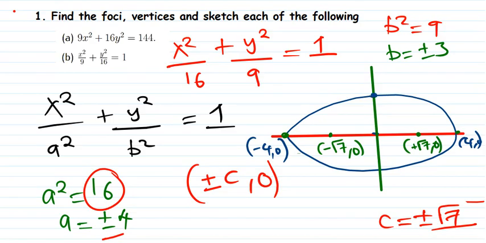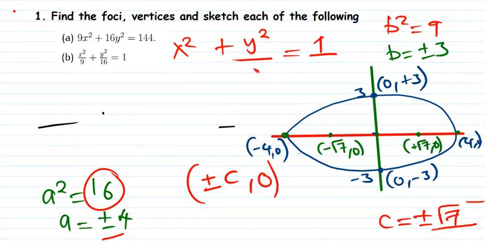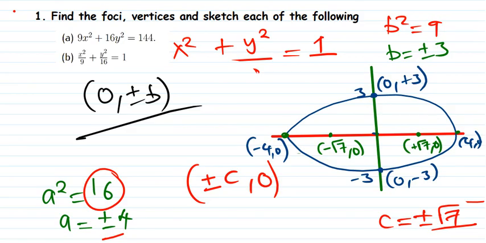So the vertices on the minor axis are positive 3 and negative 3, which implies 0 comma negative 3 and 0 comma positive 3. So the vertices on the minor axis along the y-axis are 0 comma plus or minus b. That's how you come up with the ellipse there.